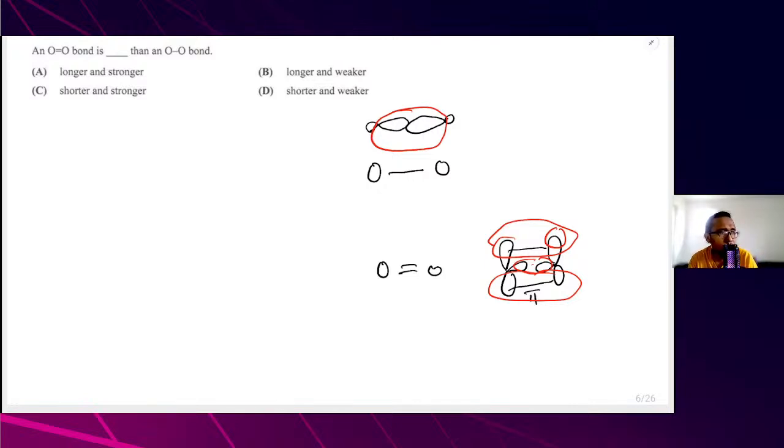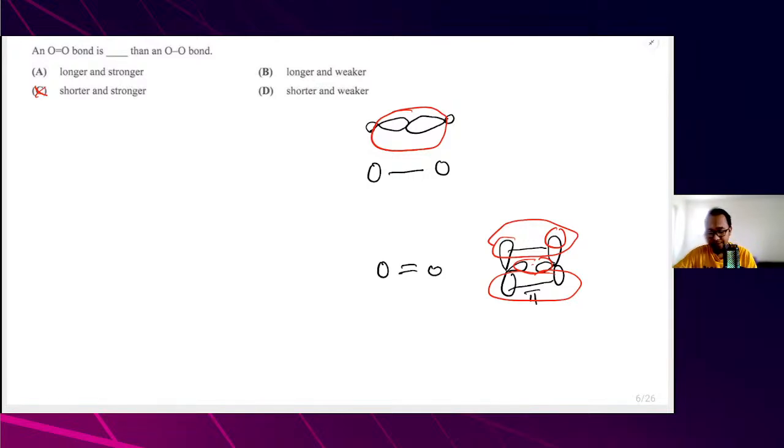So let me think first. Just remember that a double bond tends to be shorter than a single bond. So the answer will be C. Okay, the answer will be C, for number 7. Yeah, that's true.